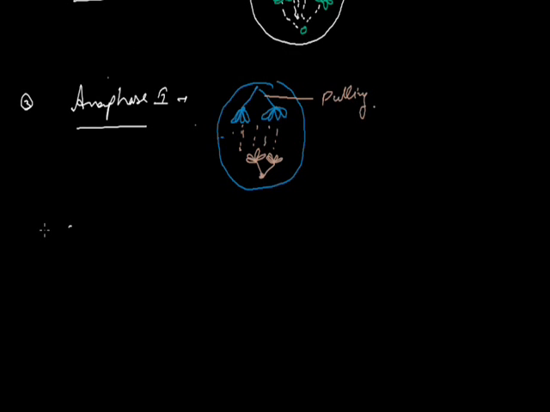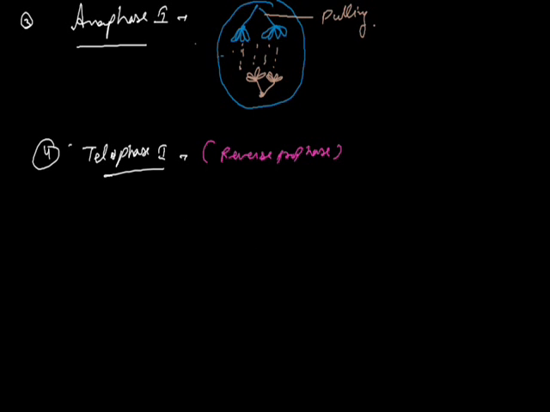The last stage is telophase first. Telophase is also known as reverse prophase. In prophase, the nuclear membrane and nucleus disappear, and in this stage the nuclear membrane and nucleolus begin to reappear.